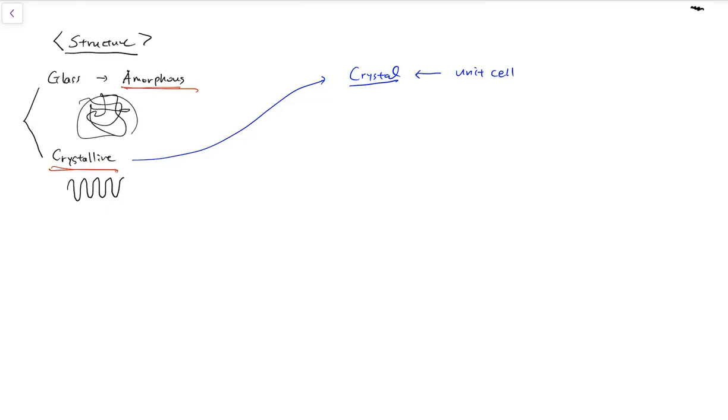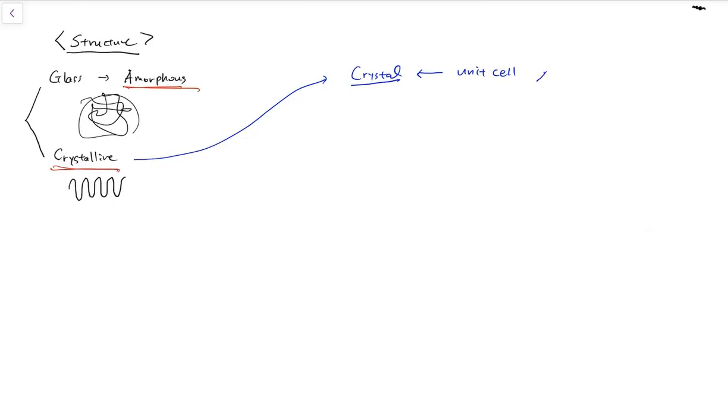Basically, there is a unit structure, right? Remember this kind of structure, right? With different lengths and different angles. So basically, the unit cell forms the arrangement of unit cells, something like this.